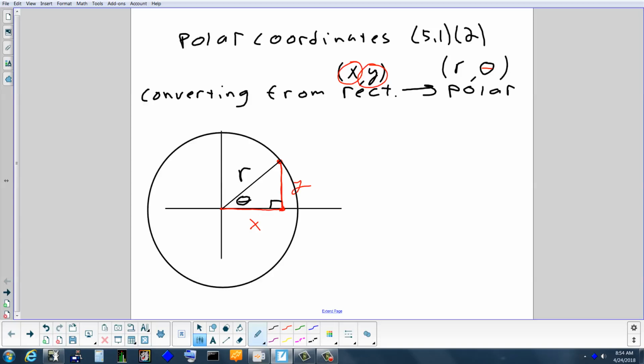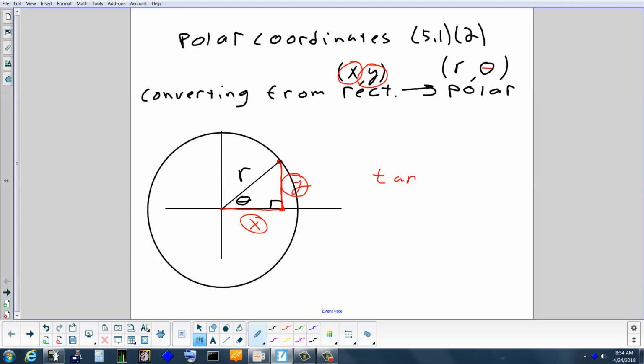And the next thing we have to find is theta. Well, if you're going to use this and that, x is adjacent, y is opposite. What trig function would have opposite and adjacent in it? Yeah, tangent. I'm going to write it down kind of quick here, but I have it written really nice on the next page.